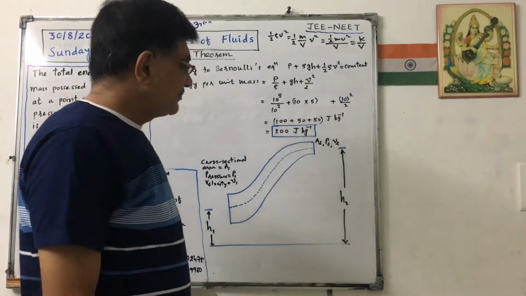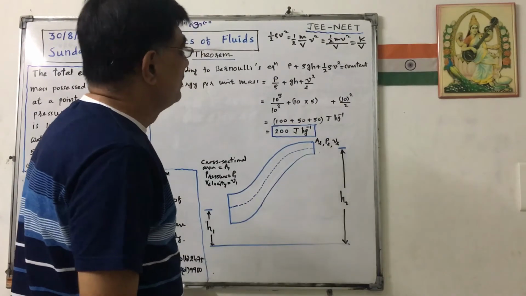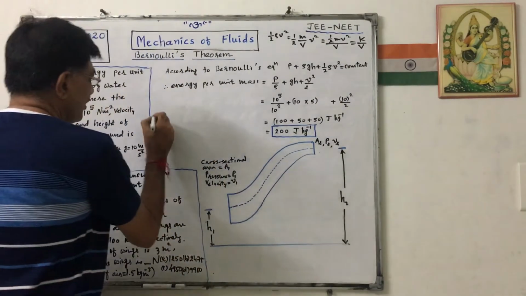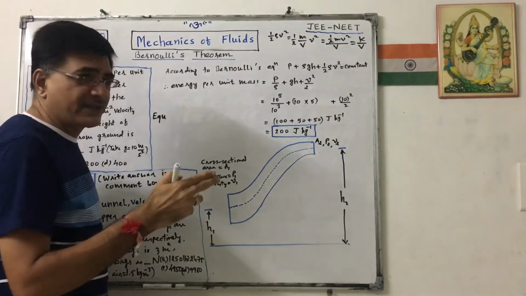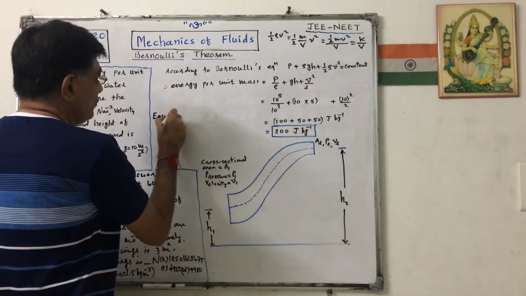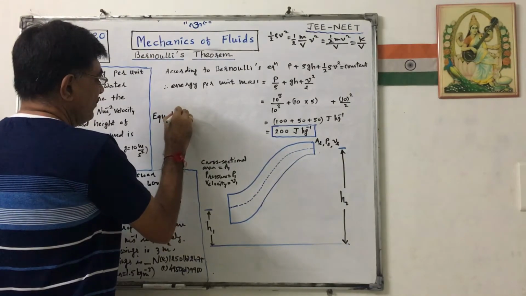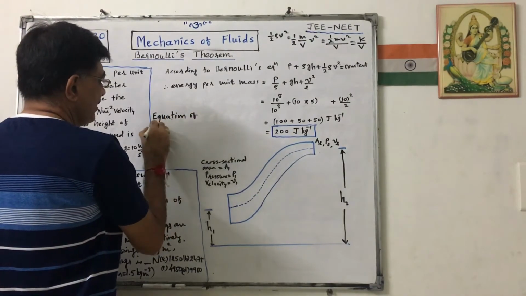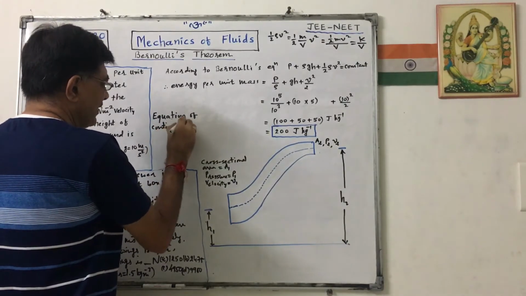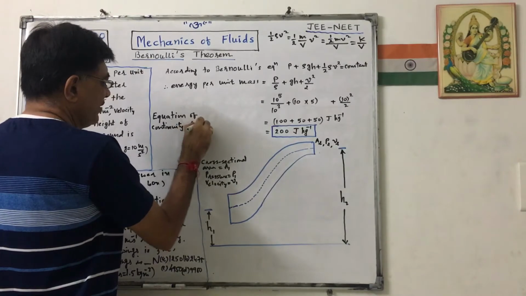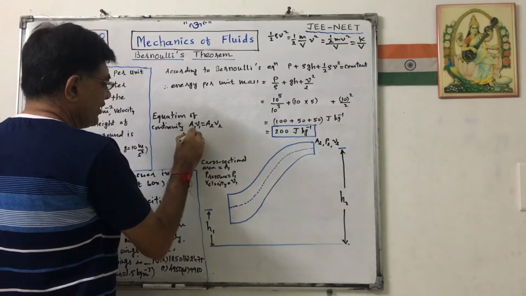Actually when we apply Bernoulli's theorem, sometimes we need the equation of continuity. When we have to compare two cross sections, we have to use the equation of continuity, and that is A1V1 equals A2V2, meaning A into V is constant.